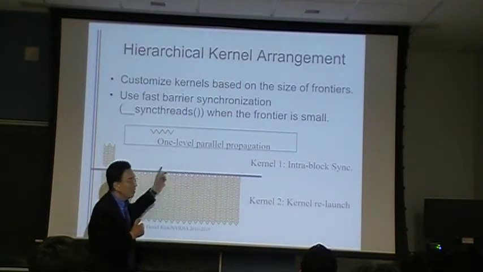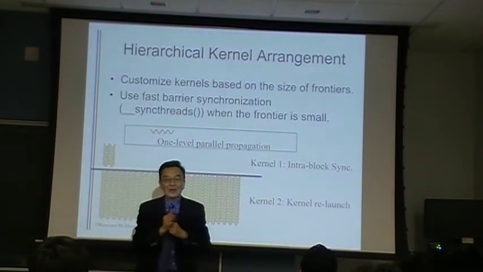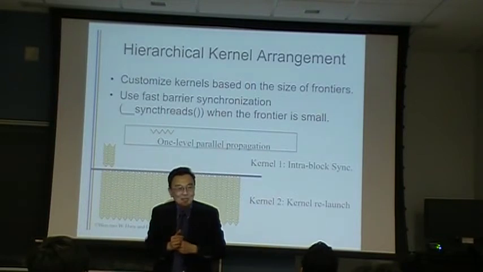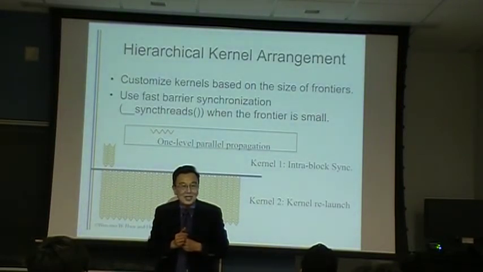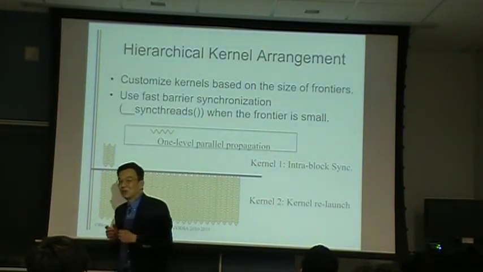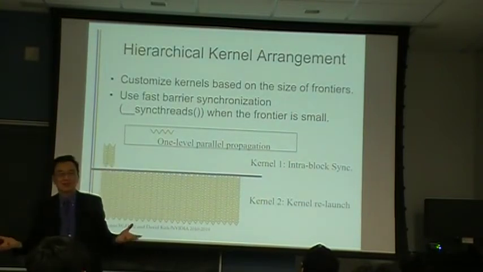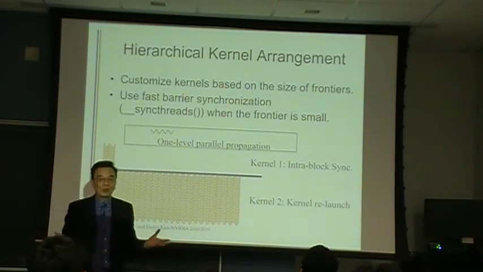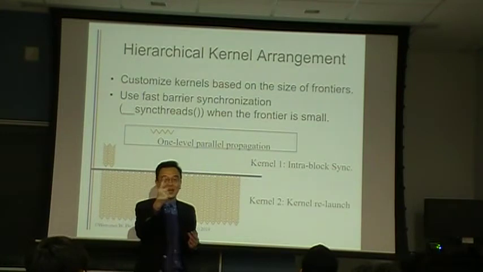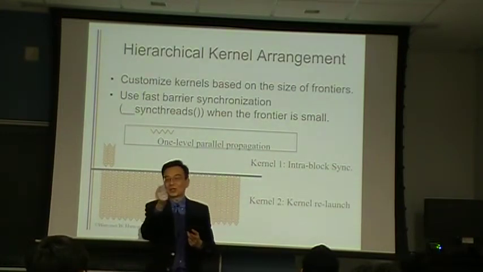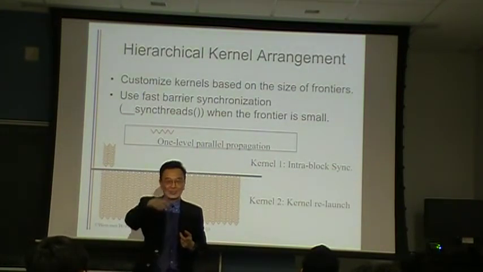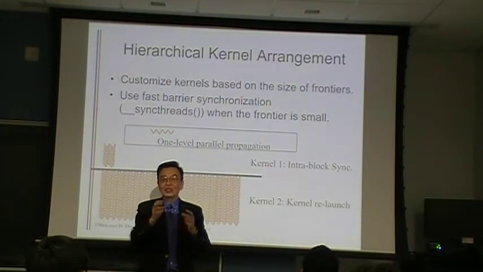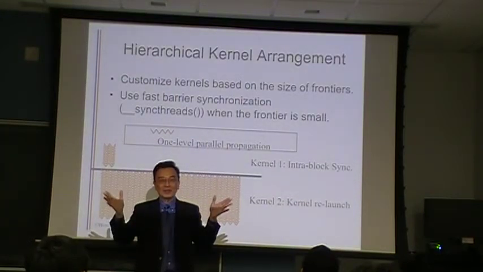However, if the frontier is truly that small, it will fit in the shared memory, right? And also, when the frontier is small, you don't need multiple thread blocks to process it. So you may as well just use one thread block and keep the queues in the shared memory as you iterate, until you grow out of the shared memory, right?